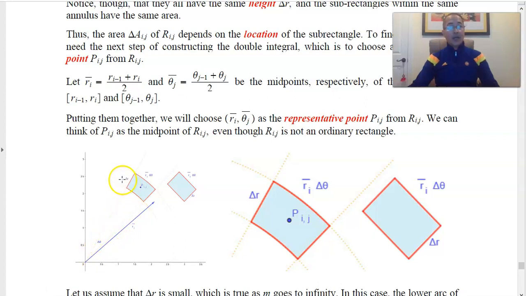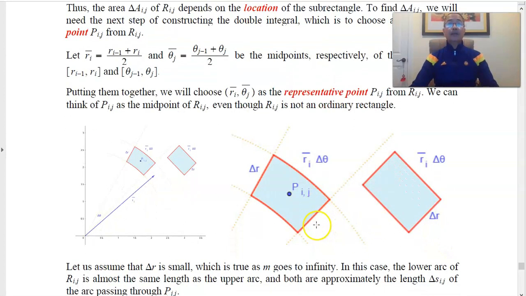So our radius is our average R, which is Ri bar, what we defined up here. So the arc length that passes through the representative point will be Ri bar times delta theta. That will be our length for this rectangle, or I should say the width. And the height, of course, is our delta R.